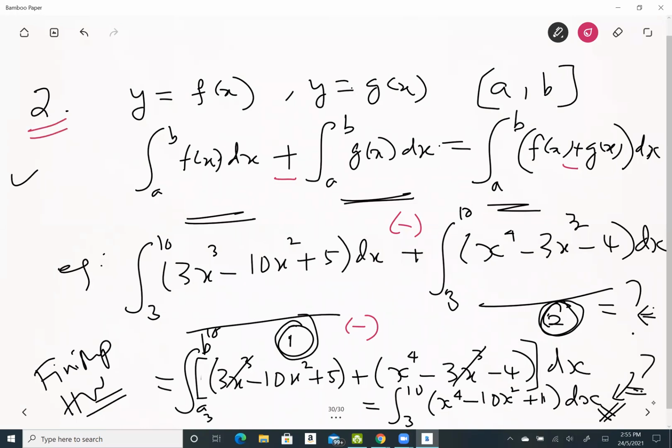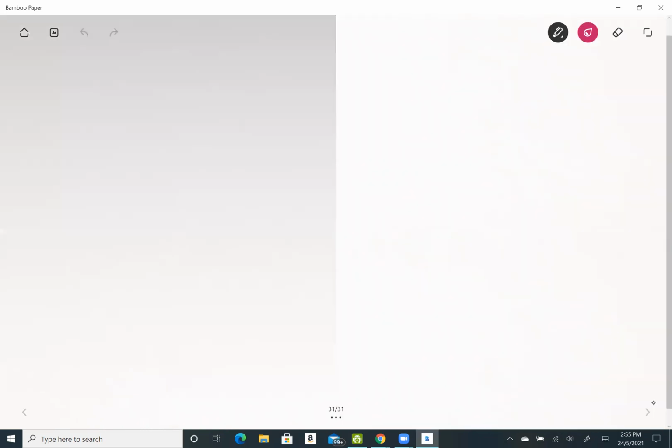Property number 3. In short, in property number 2 you have two functions and the same interval. Now, in property number 3, I have two intervals and one function.